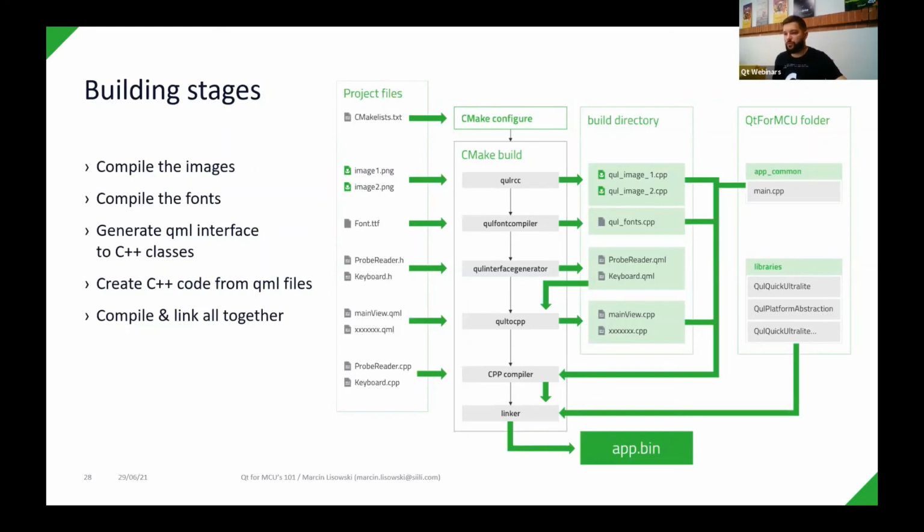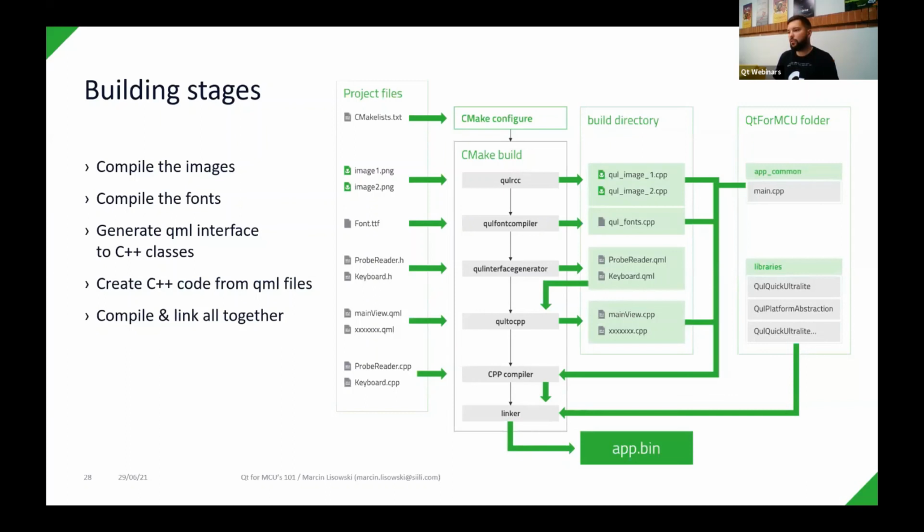So your UI definition that is held in your application directory, together with those intermediate QML files for interfaces to connect your C++ with QML, are going together to the Qt to CPP tool, which converts all of the QML code to C++. So finally, you are not running a QML interpreter on your hardware. You are just running the C++ code, which is a much faster thing for the microcontrollers.